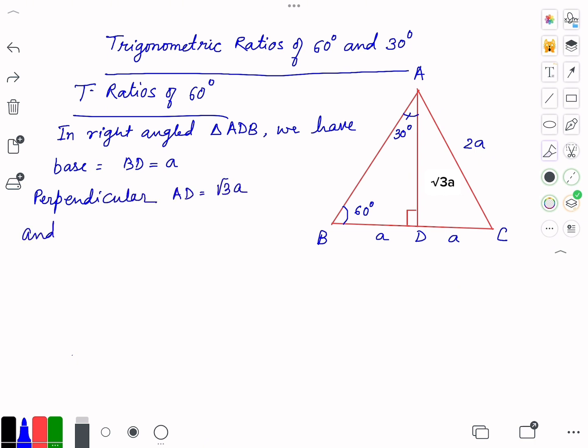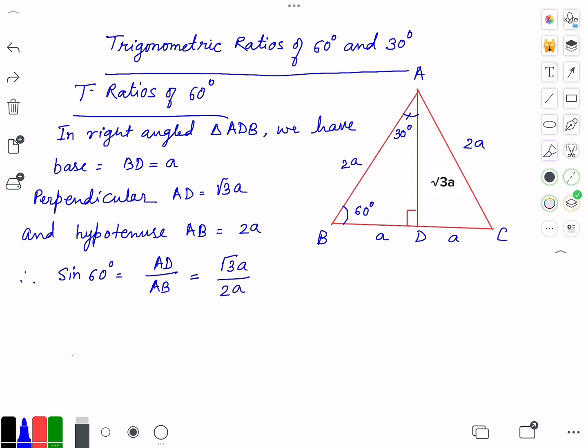We have just calculated the value, and hypotenuse is AB, which is equal to 2a. Hence sine 60 degrees would be equal to perpendicular by hypotenuse, which is AD by AB, which is root 3a by 2a. The a's would be cancelled out, which is equal to root 3 by 2.